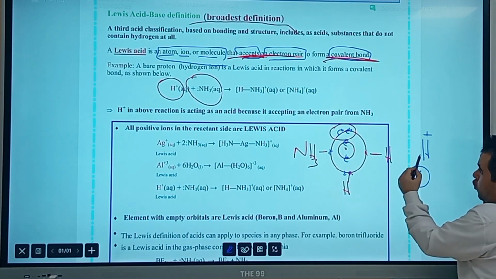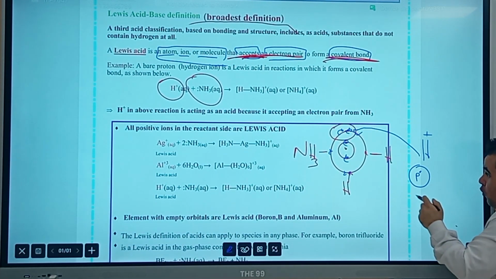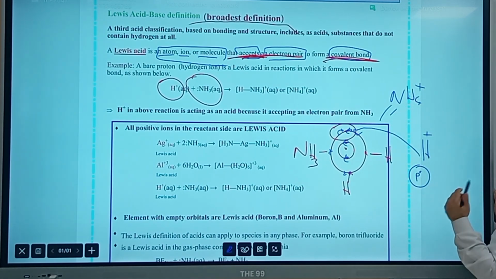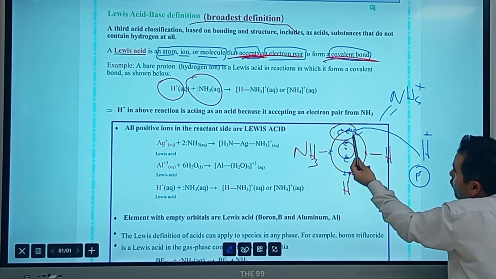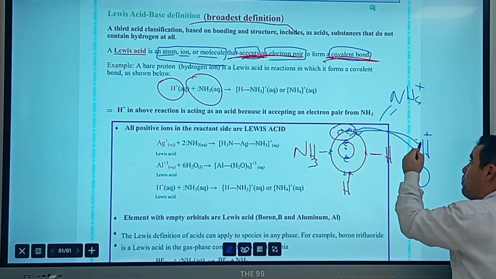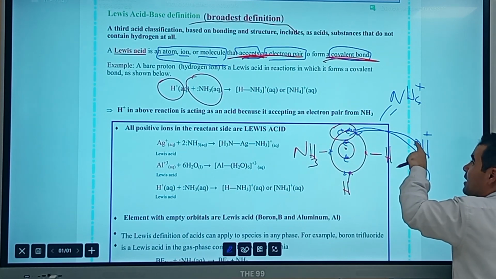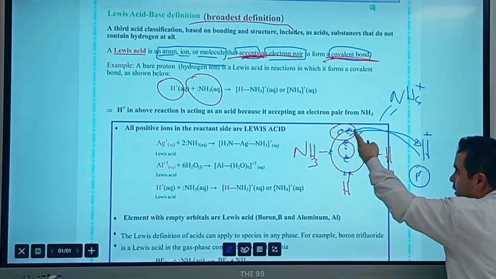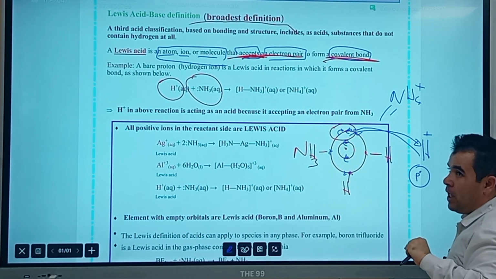So when a proton reacts with ammonia, the result is NH4 positive. The proton forms a bond with ammonia by accepting a pair of electrons, and ammonia donates that pair of electrons to H. H here accepts a pair of electrons.